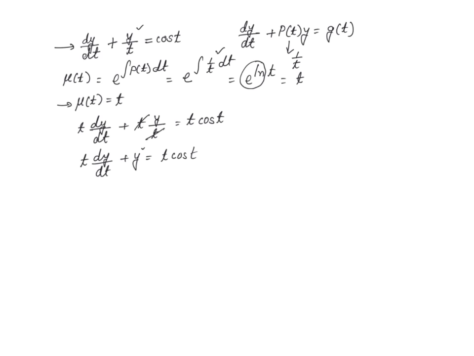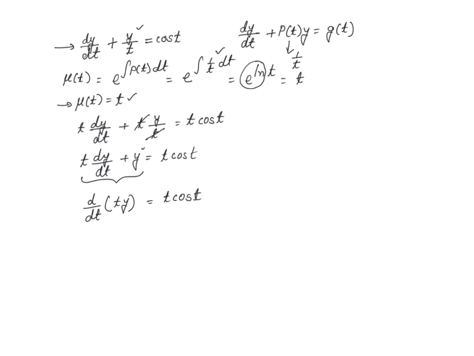Now this left hand side is nothing but the derivative with respect to t of mu of t times y. So mu of t, which is just t, times y. And on the right hand side, I just have t times cosine of t.